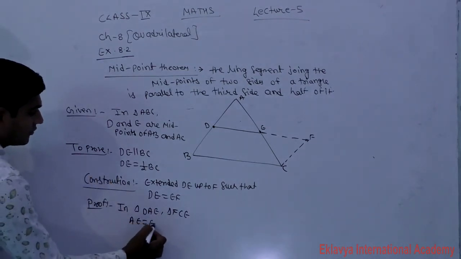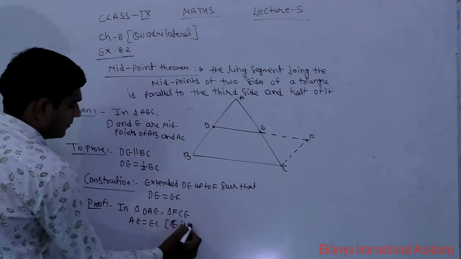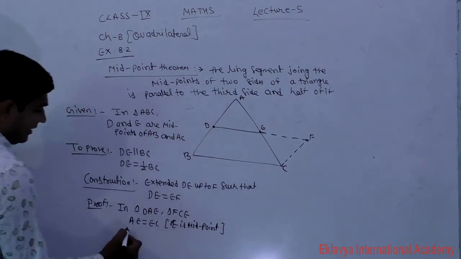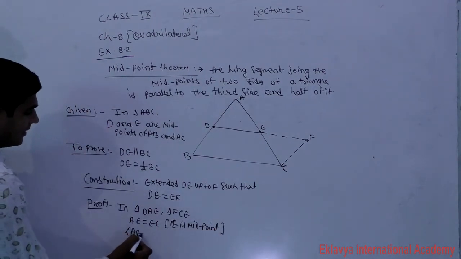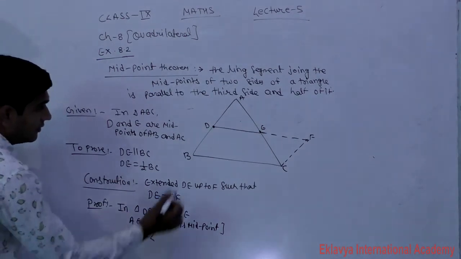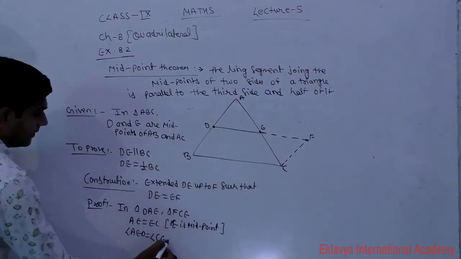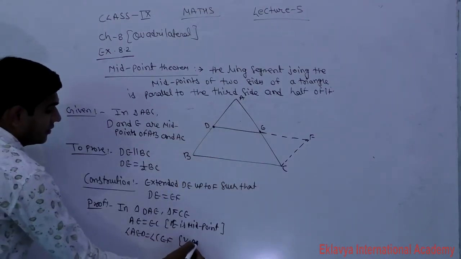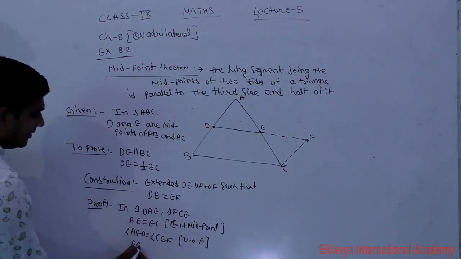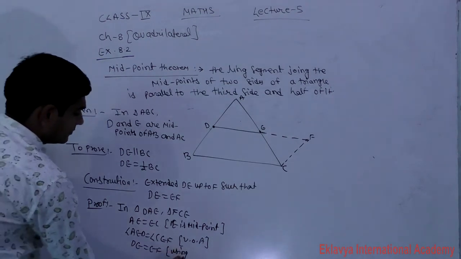AE is equal to EC, reason: E is midpoint. Second, angle AED is equal to angle CEF, reason is that they are vertically opposite angles. Third reason is DE is equal to EF using construction.